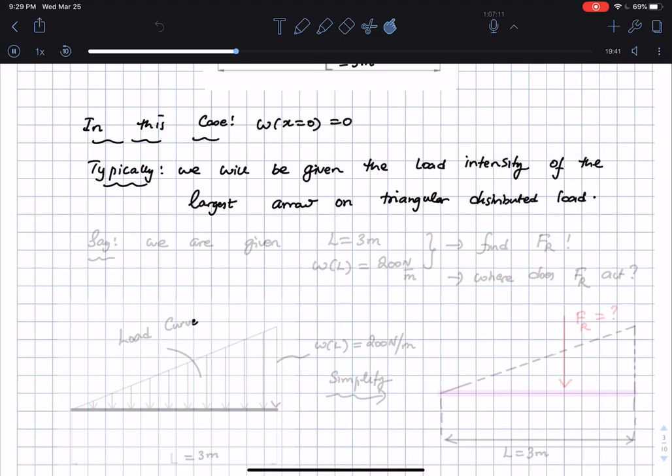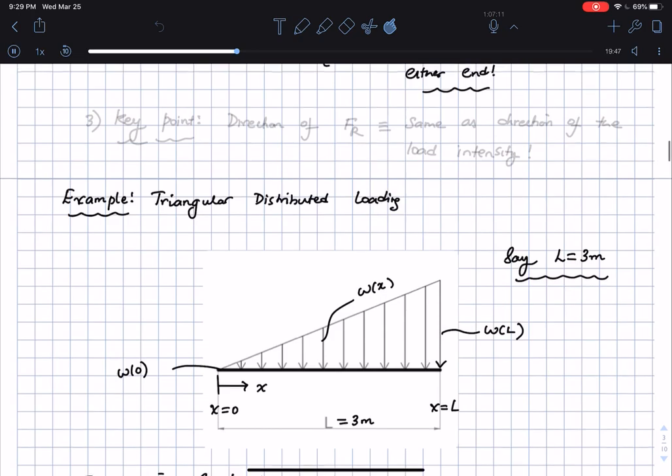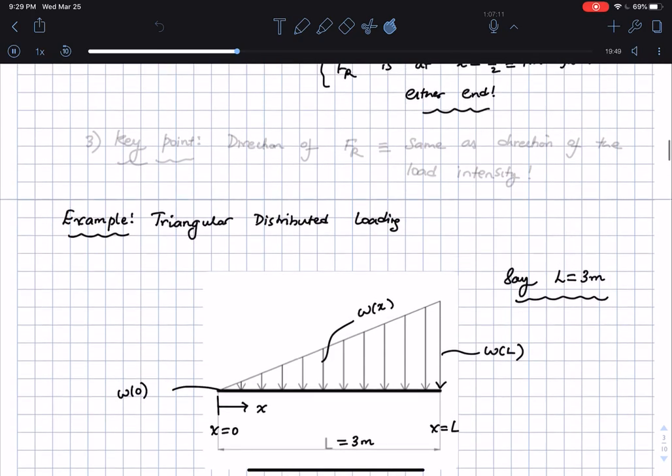And one key point that I want to make, and I think I did not specify this when I did the rectangular loading, which also holds true for the triangular loading, is this point. So the key point: the direction of FR is the same as the direction of the load intensity.